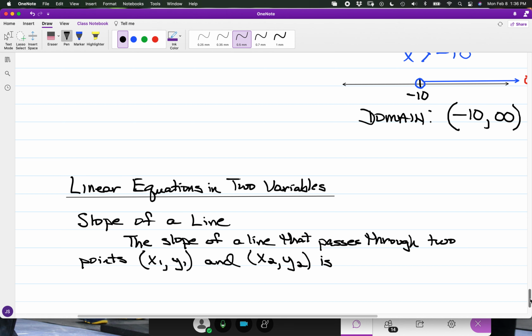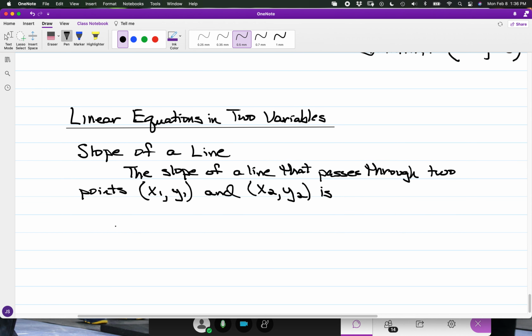We have the variable that's going to represent slope. This is the most common one I do see, the letter m, and you're looking at y2 minus y1 all over x2 minus x1.